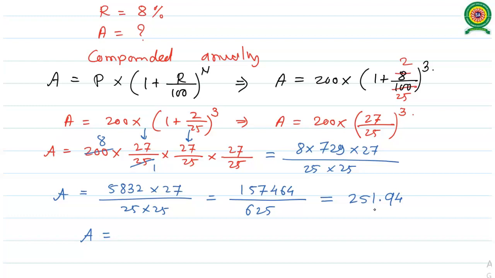Once the digit after the decimal is 5 or greater than 5, here we have 9, which is greater than 5, so we have to write the successor of the previous digit. That means it is approximately equal to 252 shifts at the end of the 3 years. That means the total number of shifts at the end of the 3 years is approximately 252 shifts.